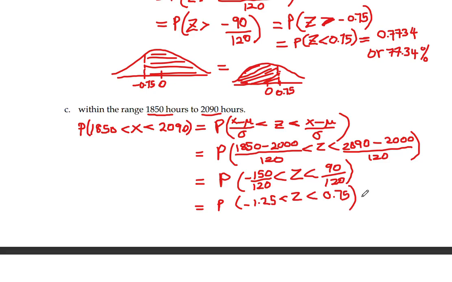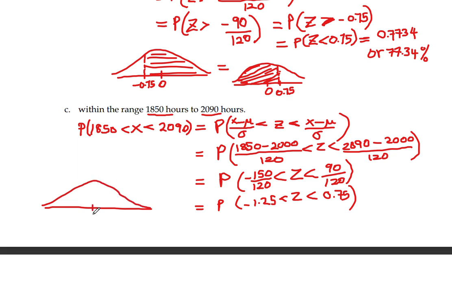So what this simplified version of the problem is saying is the probability that z is greater than negative 1.25 but less than 0.75. So we're going to draw our normal distribution to get a visual impression of this.